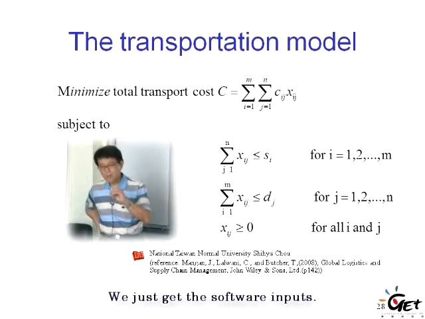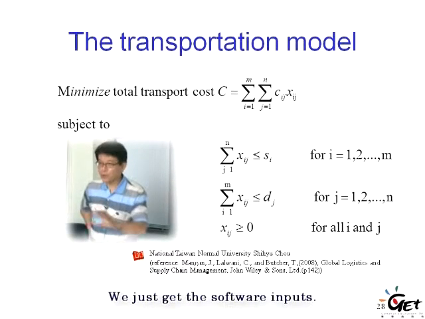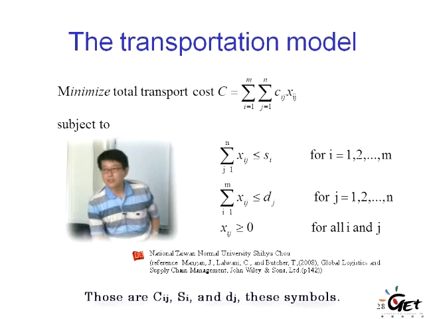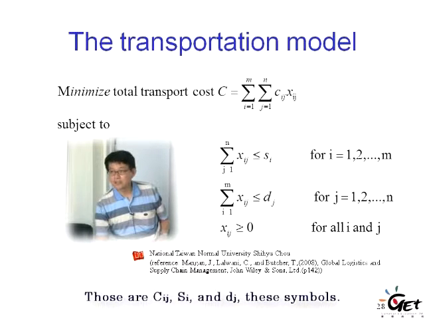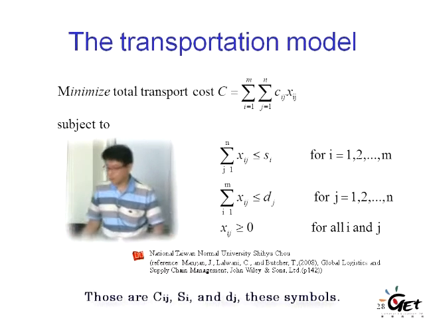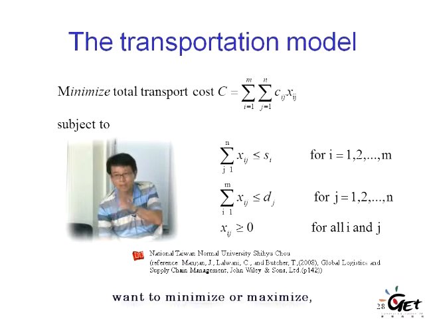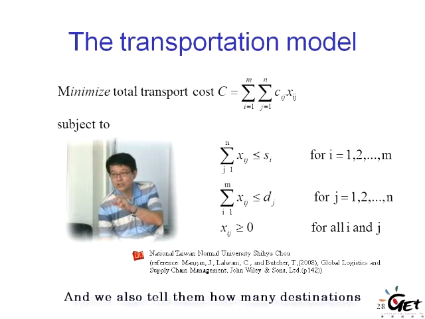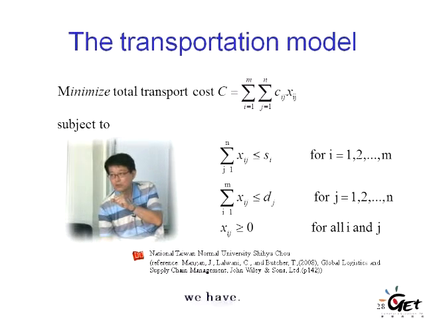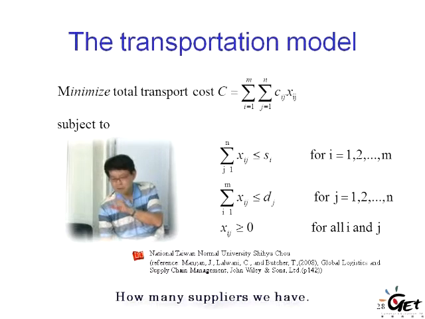We give the software the inputs, those are Cij, Si and Dj. We also tell it whether we want to minimize or maximize, and how many destinations and suppliers we have.